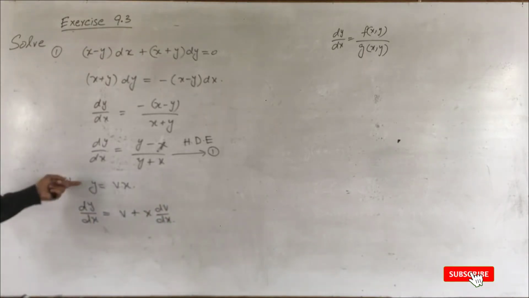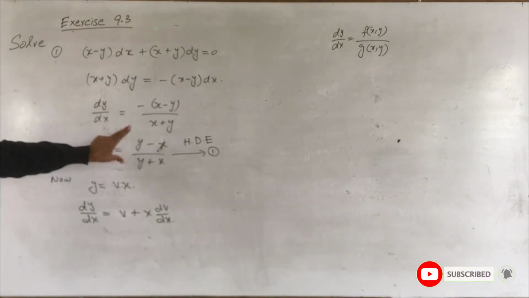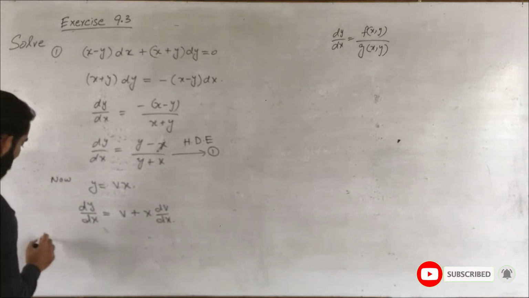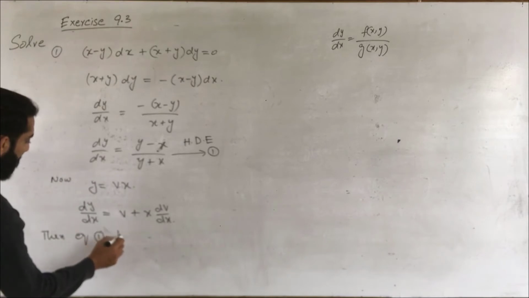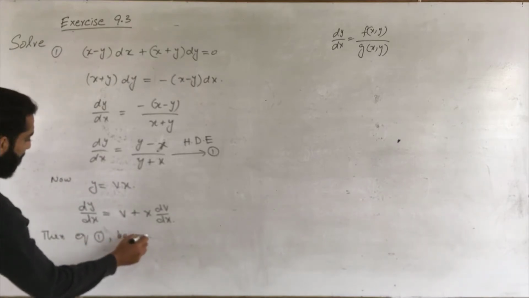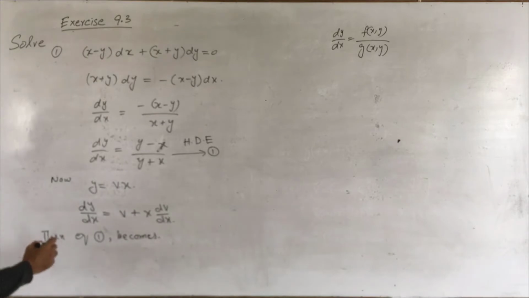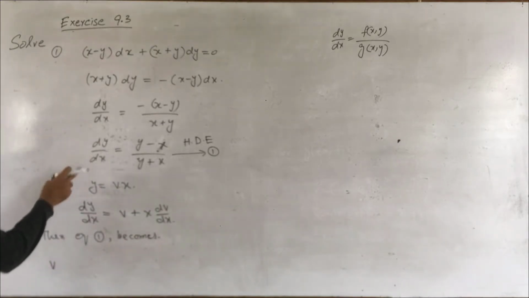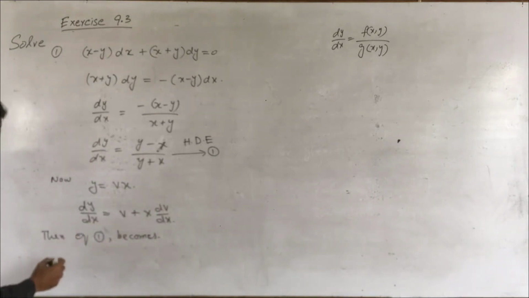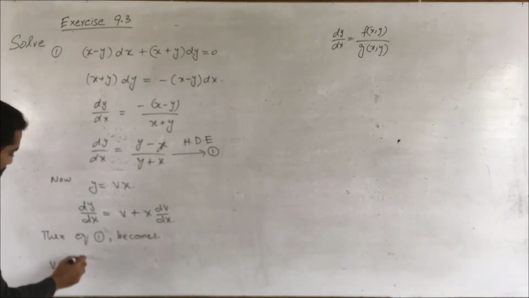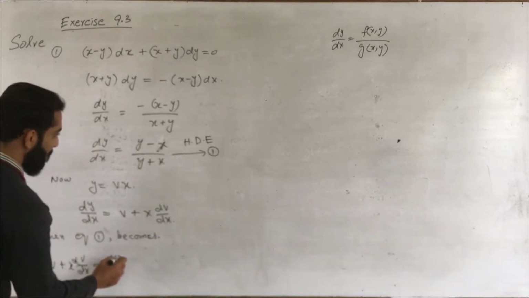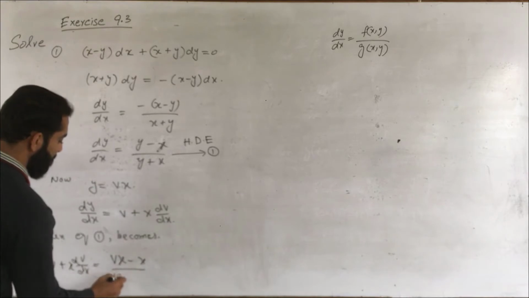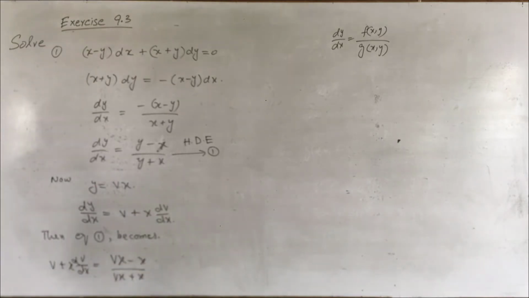If we put these two values in equation number 1, equation 1 becomes: in the place of dy over dx we can put v plus x dv over dx, and in the place of y we will put vx, minus x same, vx plus x same.